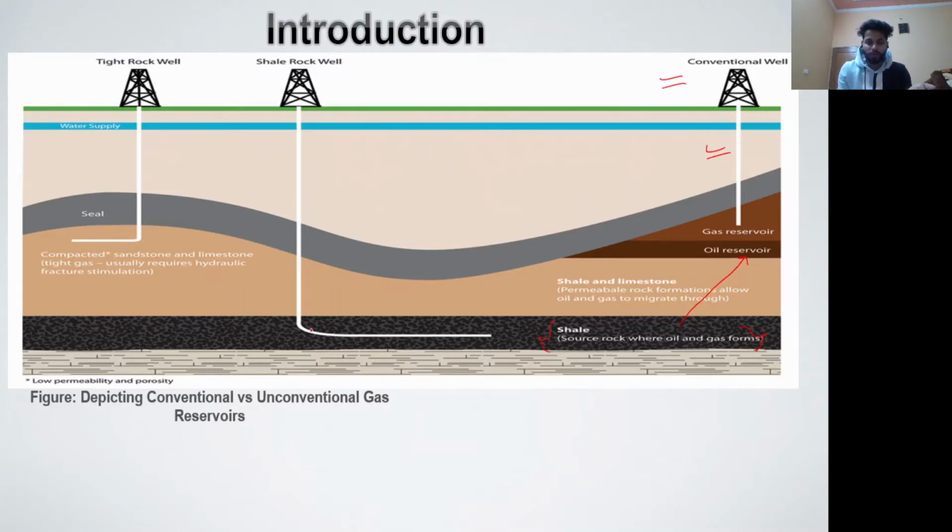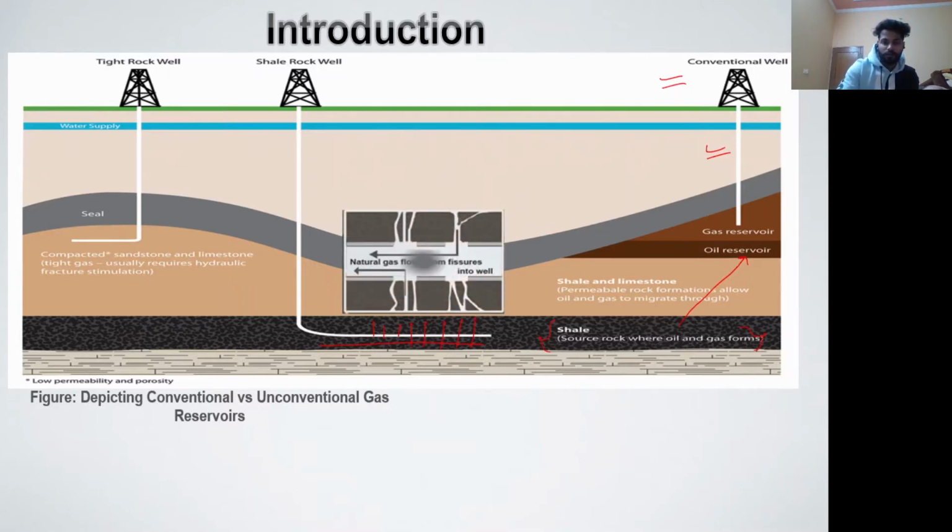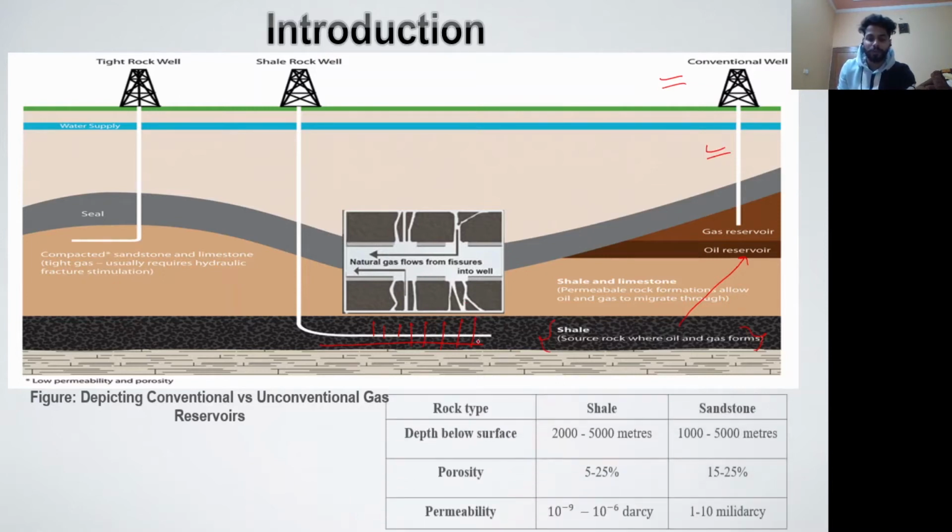So what you can do instead, you can drill a horizontal well here, and then you conduct hydraulic fracturing. You generate artificial fractures into the formation, which will create those flow channels through which now the reserves can be produced. As you can see here, natural gas will flow through the fracture system.